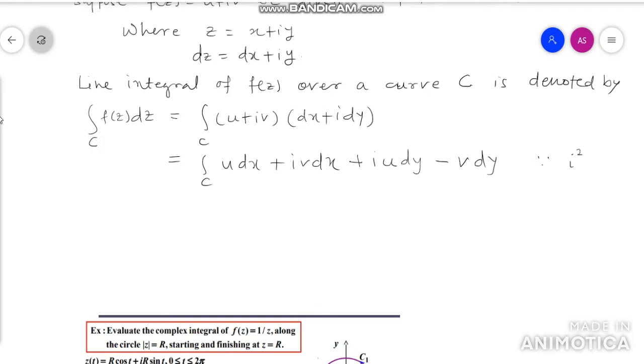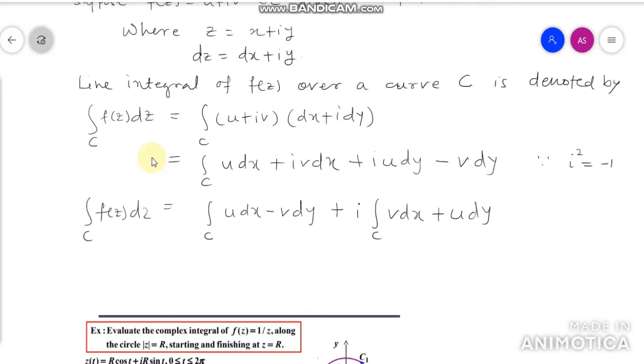This is equal to integral over C u dx minus v dy plus i integral over C v dx plus u dy. Okay, the integral on the LHS is converted into two real integrals.